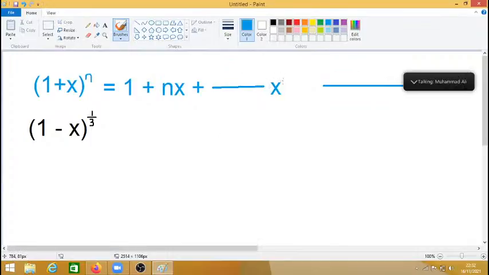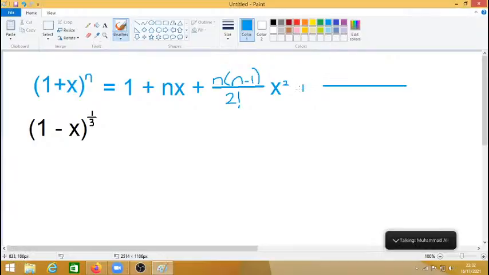But what's going to be at the top of the fraction and at the bottom? Because it's power 2, then on the bottom is going to be 2 factorial. And because it's power 2, we're going to have two things at the top. So here we had n, now we're going to have n times n minus 1. Notice how as we go along to the next number, we're going to drop it by 1. So that's a clue as to what we're going to do for the next one.